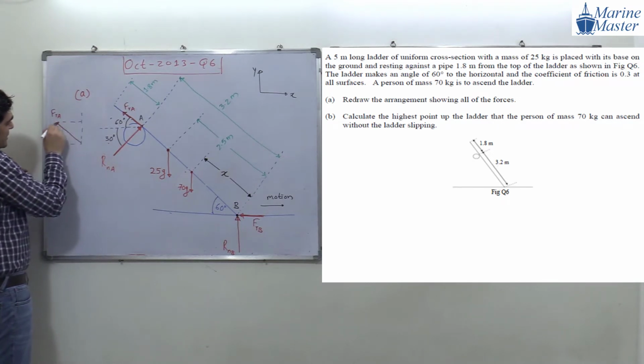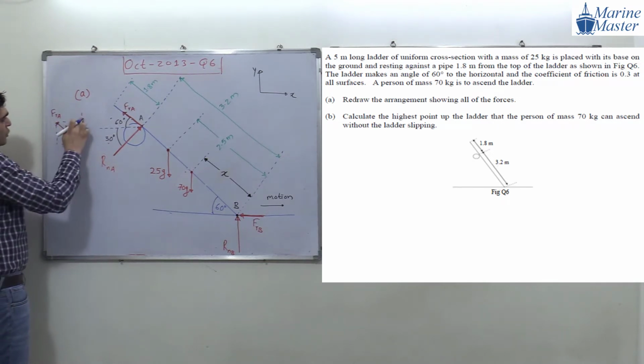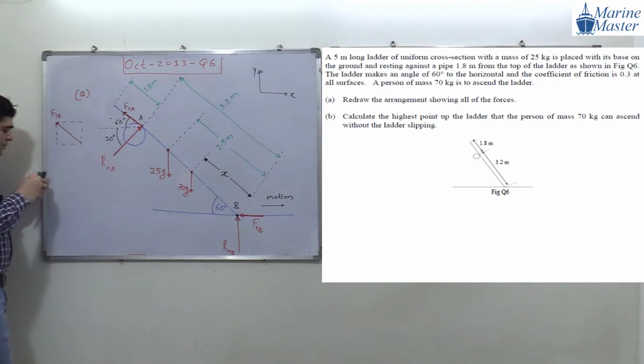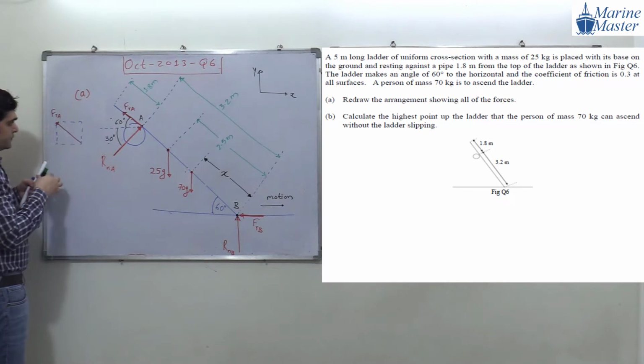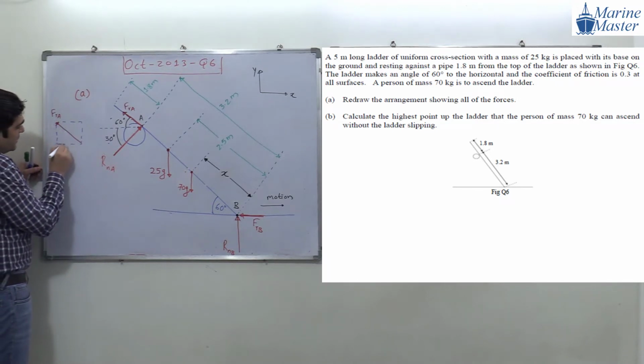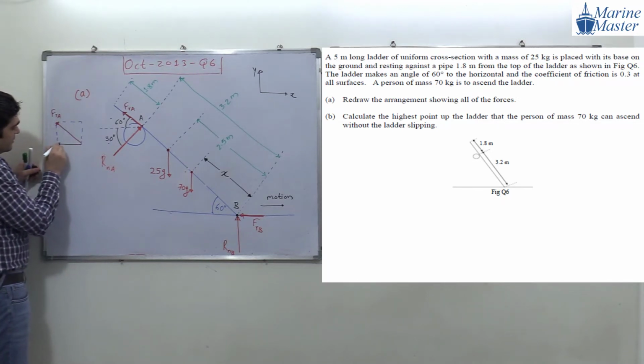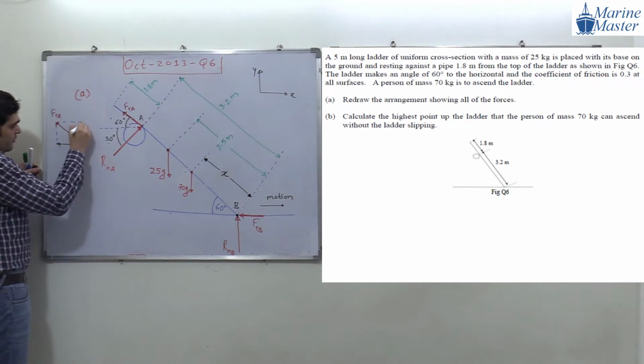I am going to form a rectangle like this. Here we have shown FRA is going outward, so the component will also go outward. So this will be one component of FRA, and this will be another component of FRA.